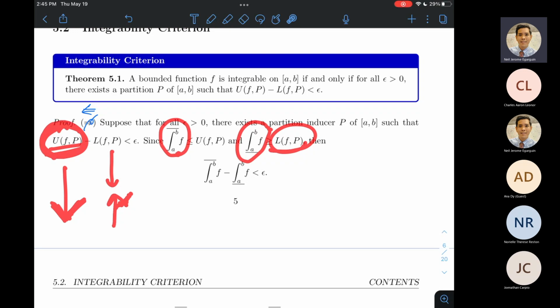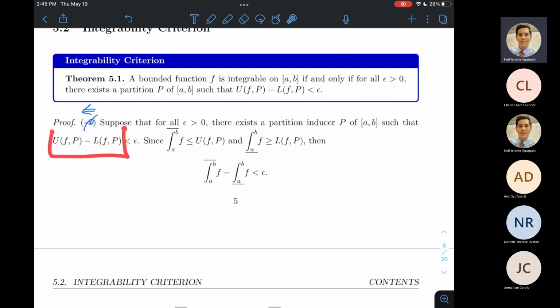So I replace this by a smaller number, the upper integral. I replace this by a larger number, the lower integral. So the difference of the upper minus the lower integral will be smaller than the difference of the upper and the lower sums. All right? The upper minus lower sum is smaller than epsilon.